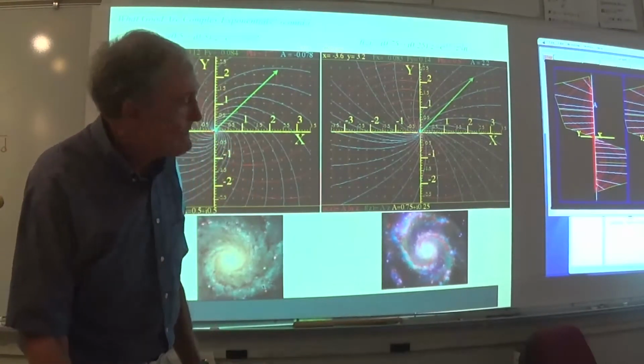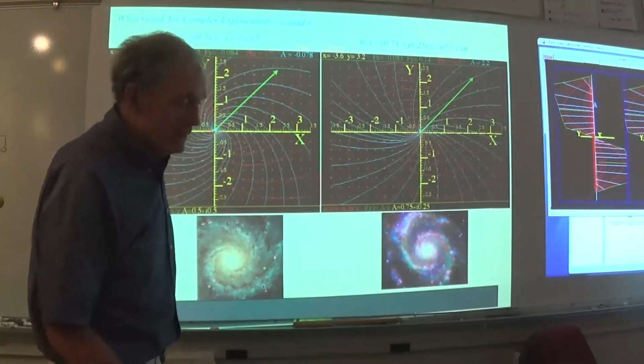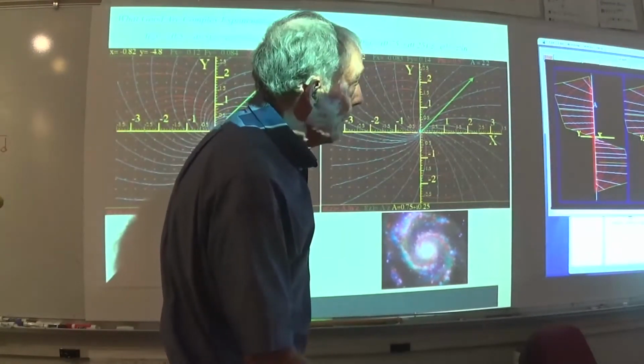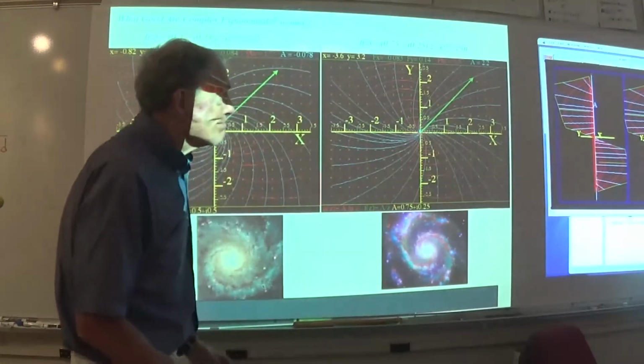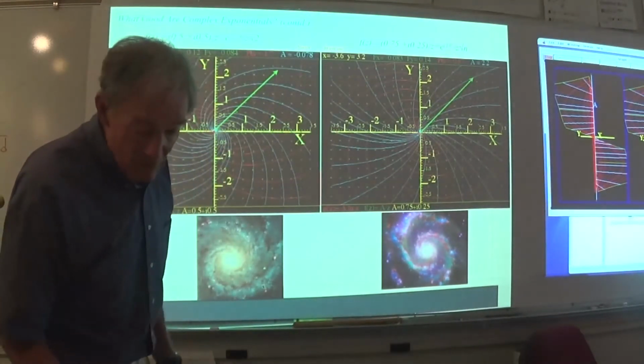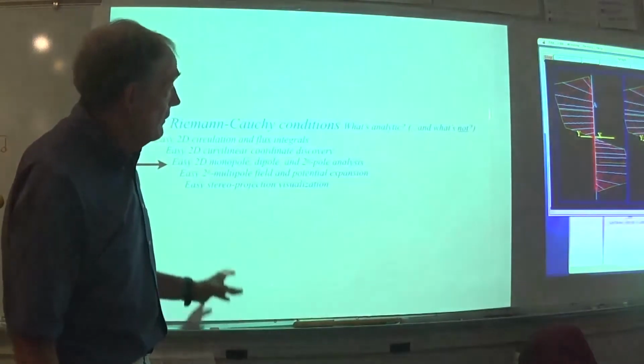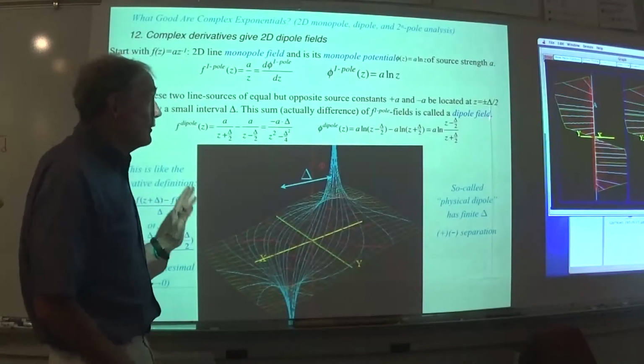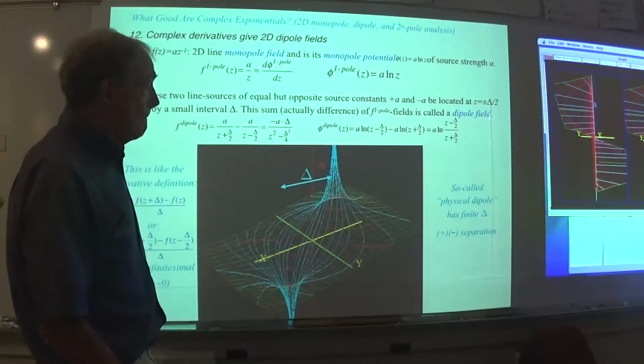Okay, let's see if there's anything else here that I need to point out. You're free to draw these things with computers if you want. Here's what's called a physical dipole.